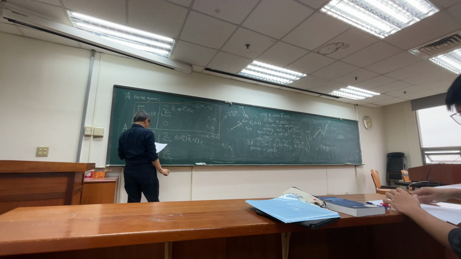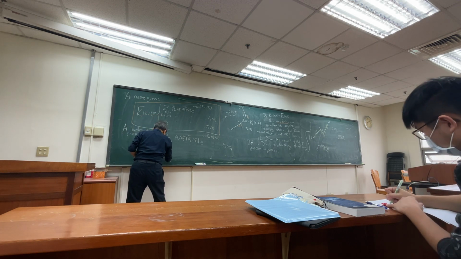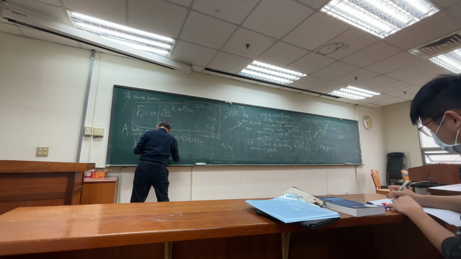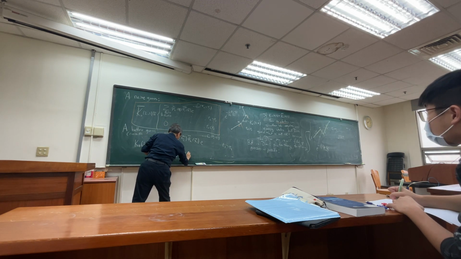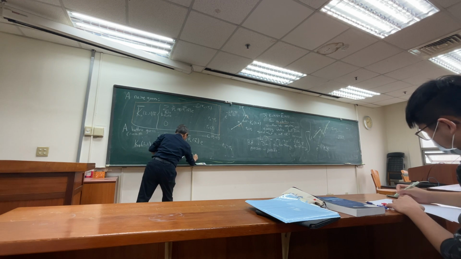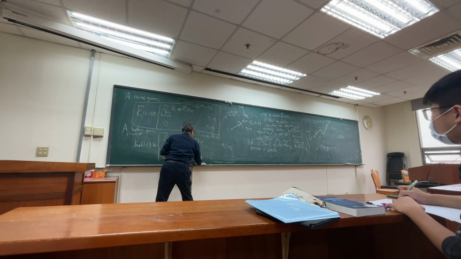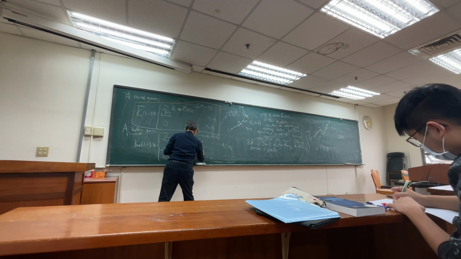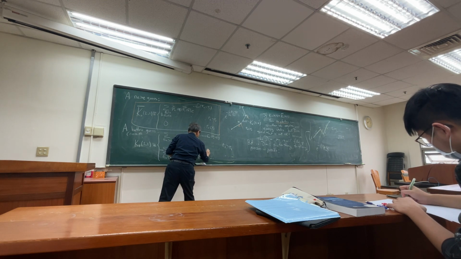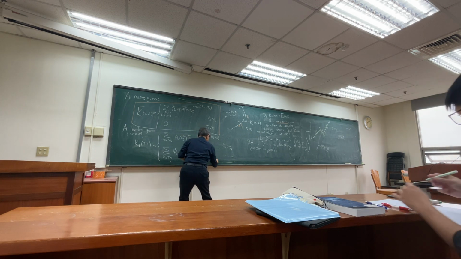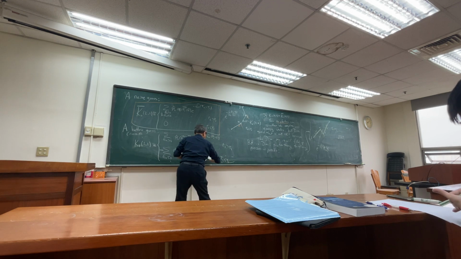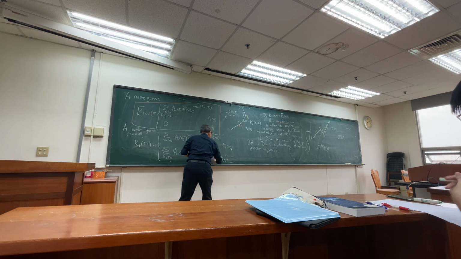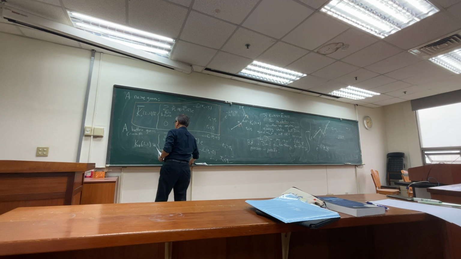As for the negative energy state, it will be minus the sum over n of phi_n of x2, phi_n bar of x1, e to the minus i E_n (T2 minus T1). This is for T2 less than T1. Okay, let me box it.